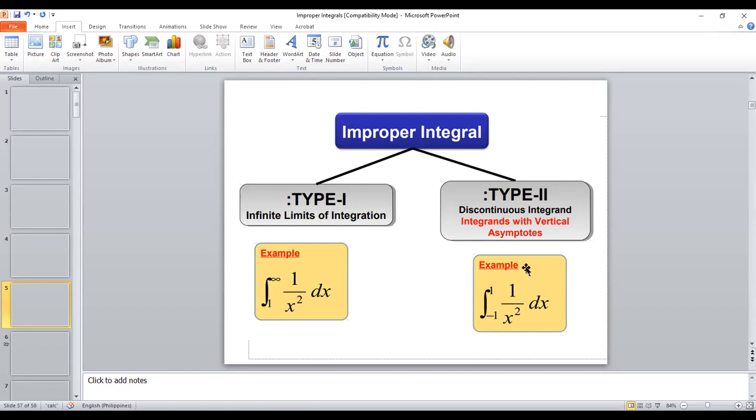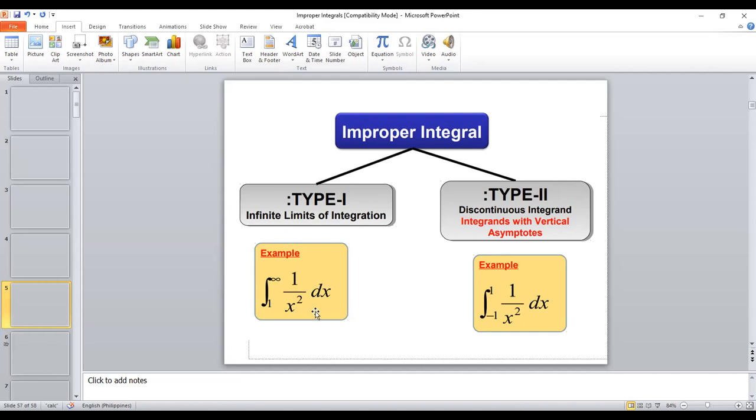So that's where the common mistake usually happens, because it's mistaken to be an ordinary definite integral.